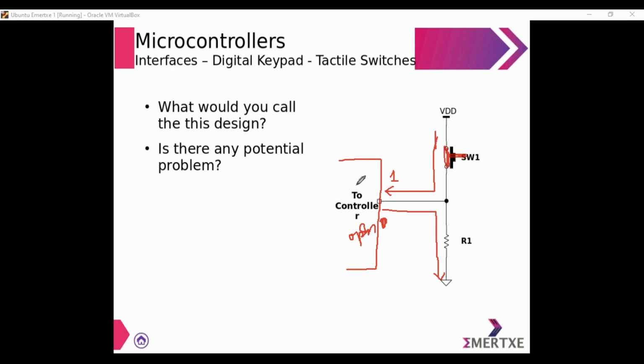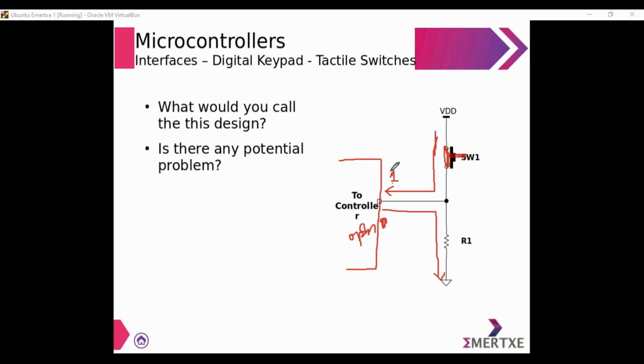Current can either enter the microcontroller or reach the ground via the resistor R1. But because it has to choose the easiest path, it chooses a path which doesn't involve any load. So current from the VDD will flow directly to the microcontroller and I am going to read a 1 at the pin of the microcontroller.